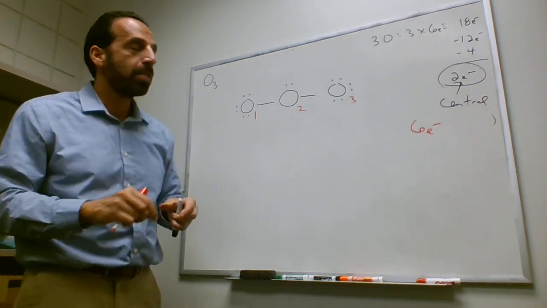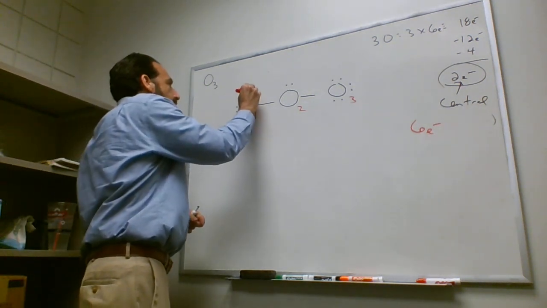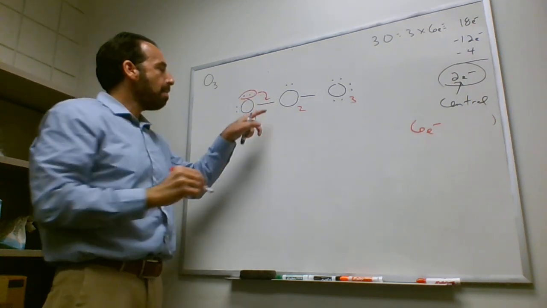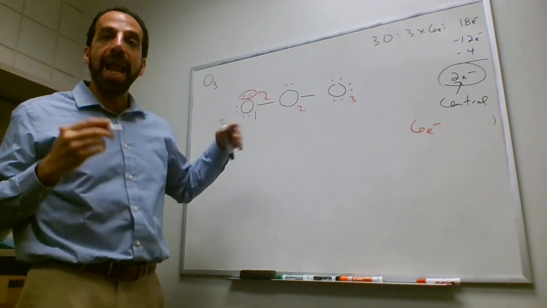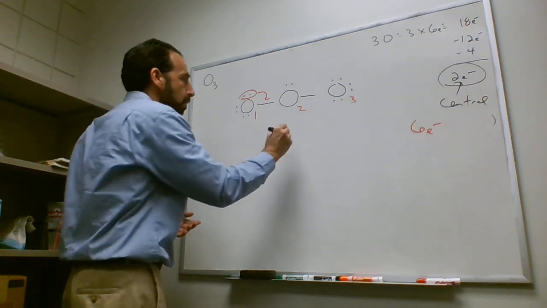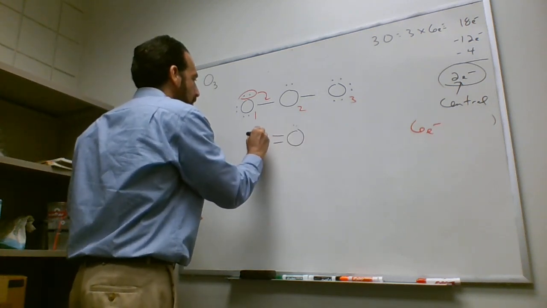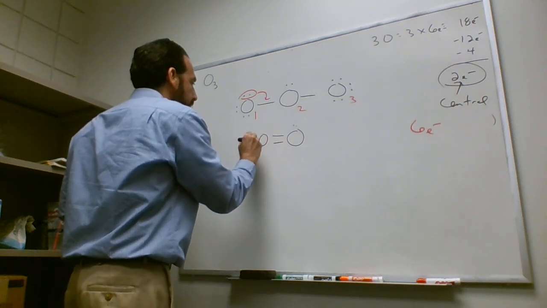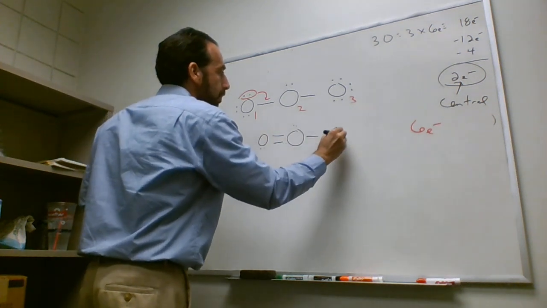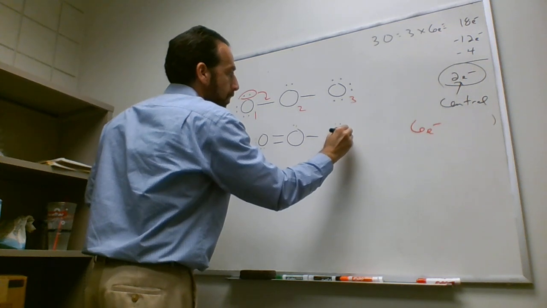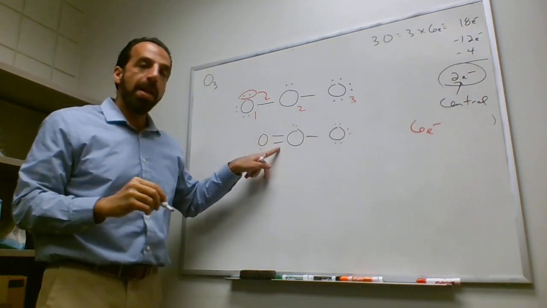I'm going to take a pair of electrons from oxygen number 1 and move them in between 1 and 2. When I do that, I've made a double bond.